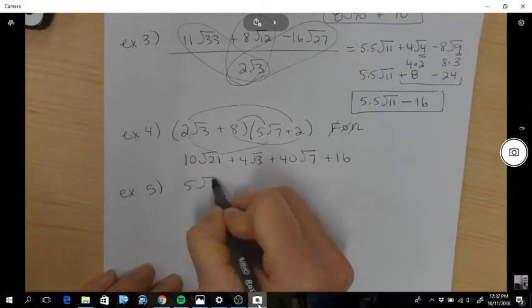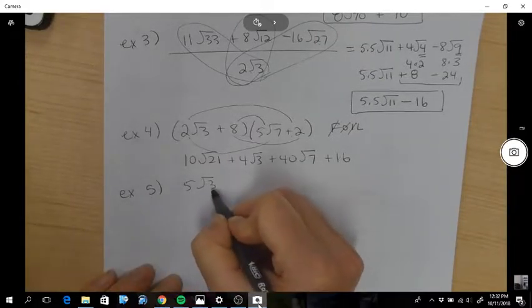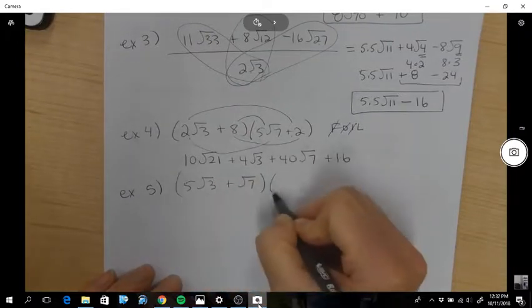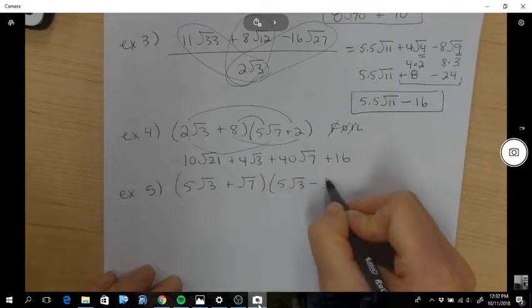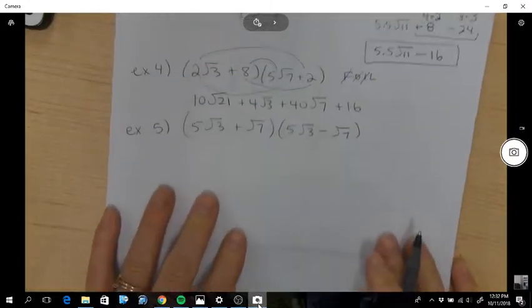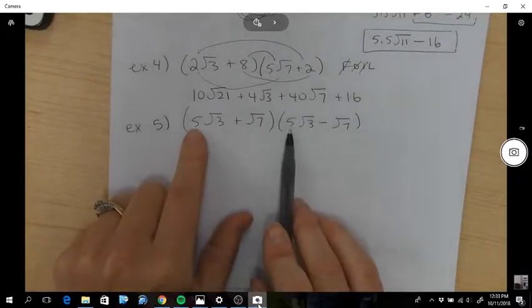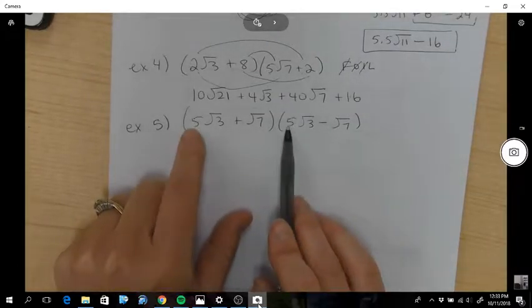Okay, what if we do this? 5 root 3 plus root 7, and then a 5 root 3 minus root 7. Okay, so let's do a FOIL. First times first is 25 root 9.